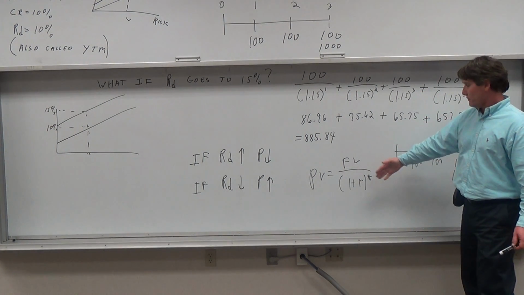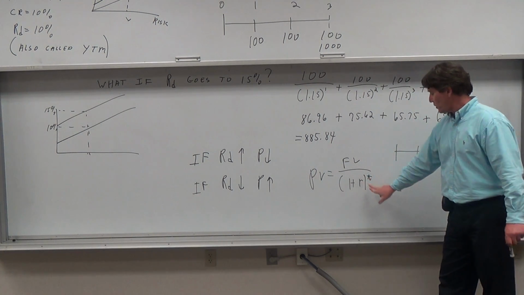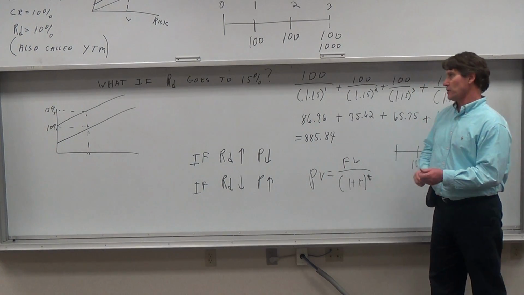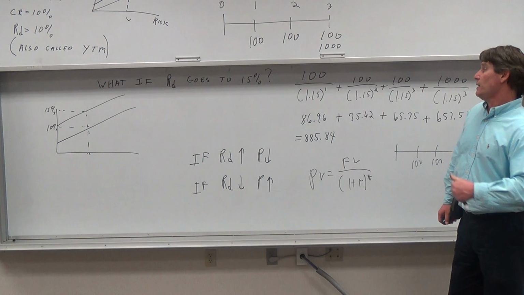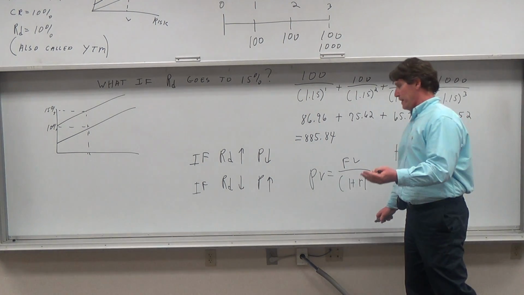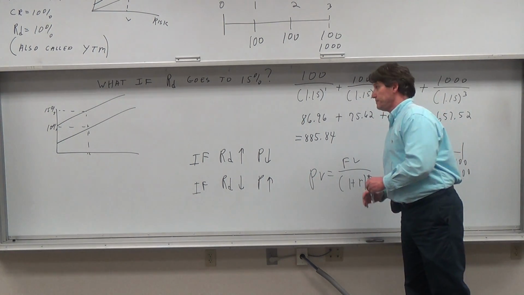So from time value of money, present value is future value divided by 1 plus r to the t. When r goes up, present value goes down. R goes down, present value goes up. Okay? So I want you to know how to price a bond, and I want you to know the relationship. Next, I'll talk about calculating yield to maturity, or RD.